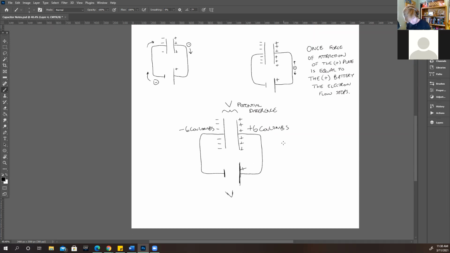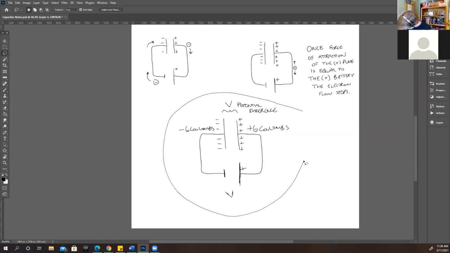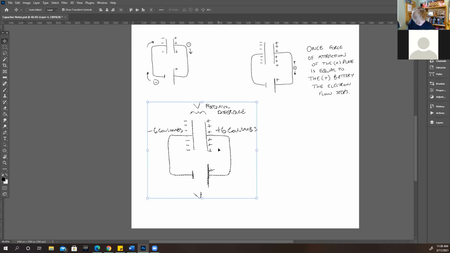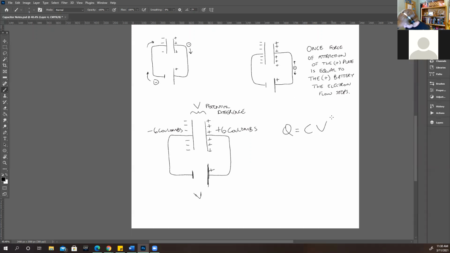Let me move this over. In the lab, we're given the equation Q equals CV.